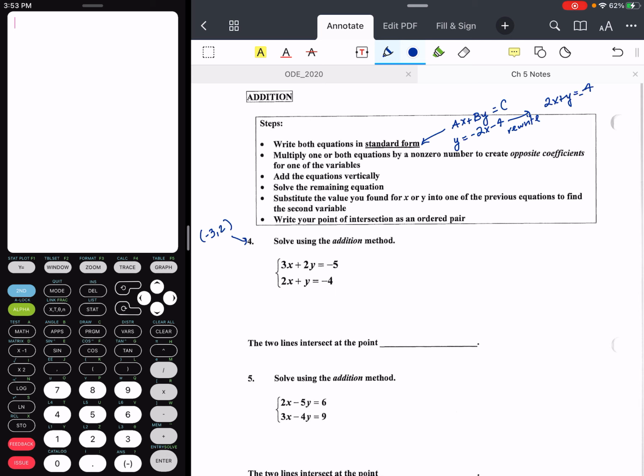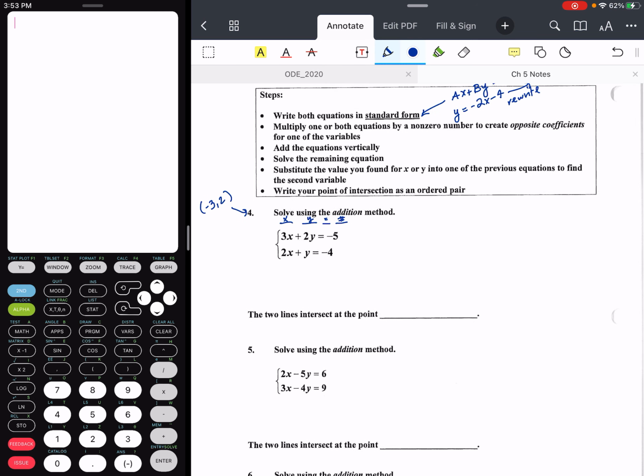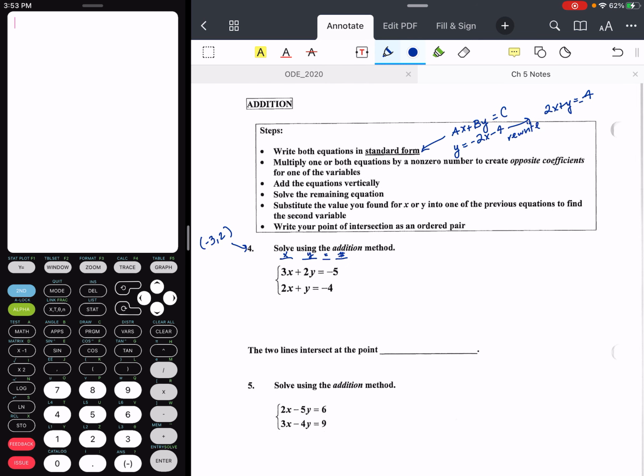So that would be our first move, but we don't have to do that because they're both in standard form. So the important thing is you should have your x term, your y term, your equal sign, and then your constant, your number. Make sure that those are all lined up vertically in order for this to work. And ours are. Numbers 4, 5, and 6 all have equations in standard form, so we won't have to deal with this. But just so you know, that's what that means.